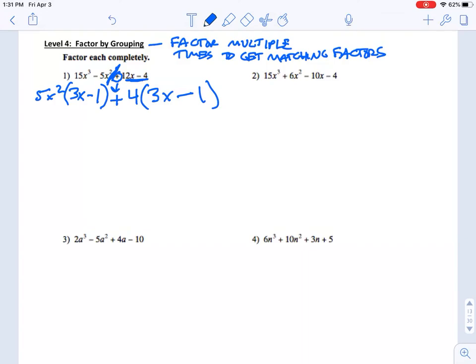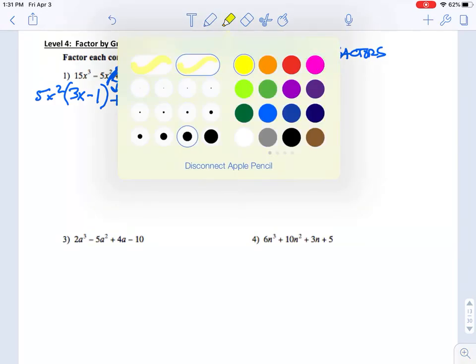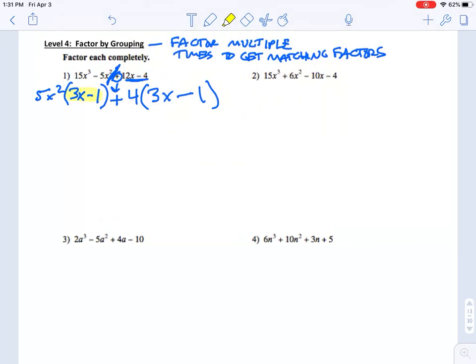Okay? And so now once we get here, notice these match. Okay, that's the goal. The first step is to always factor parts of the expression and then get matching factors. So these must match right here.